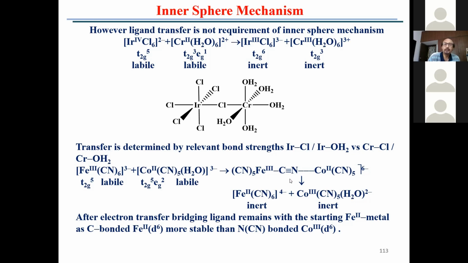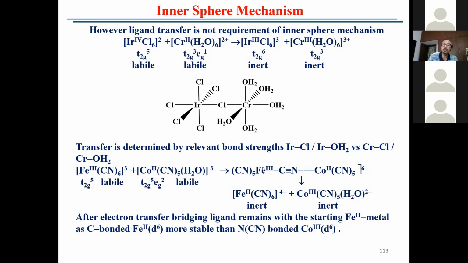Now here, after electron transfer, both the products are inert. So there is no preference like here, where this is inert, so it prefers to move to the side where it was in the beginning. And here it moved to this side.